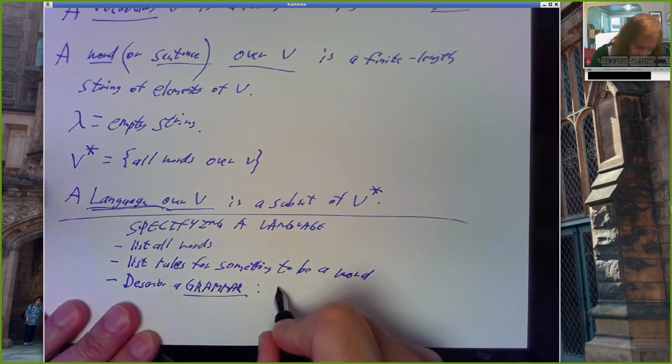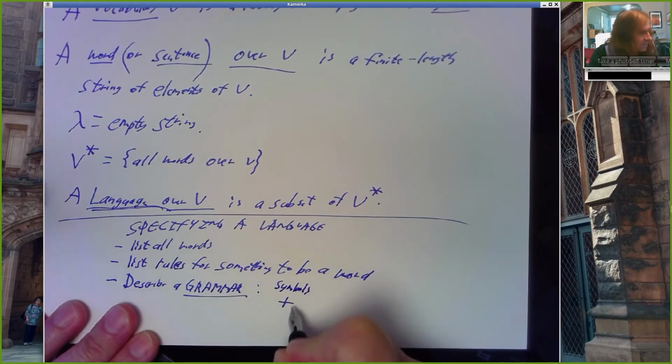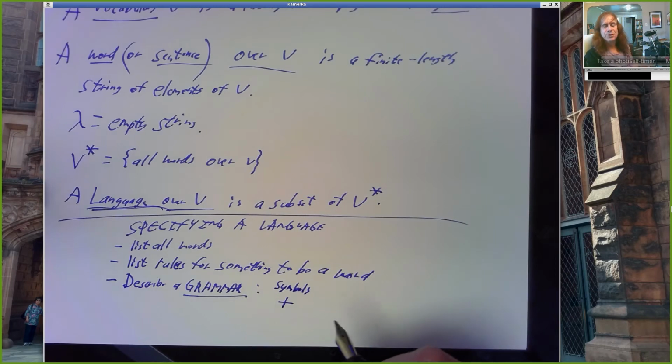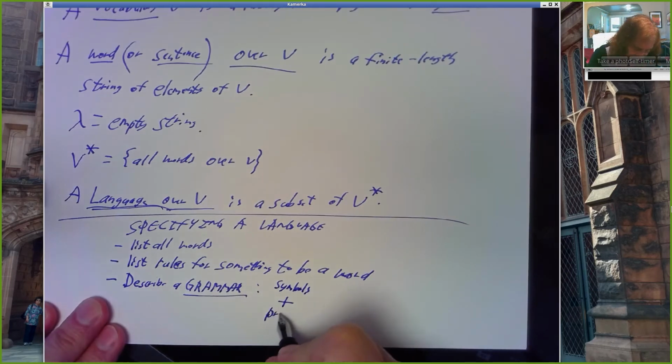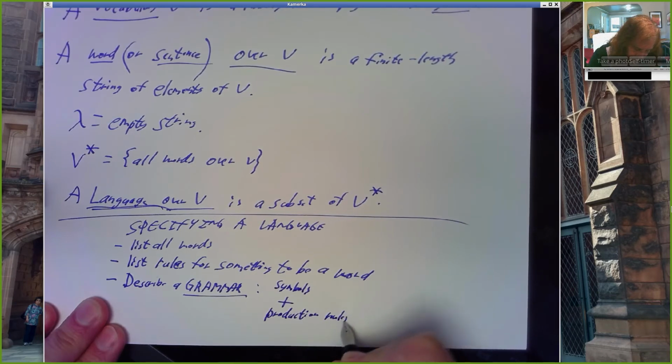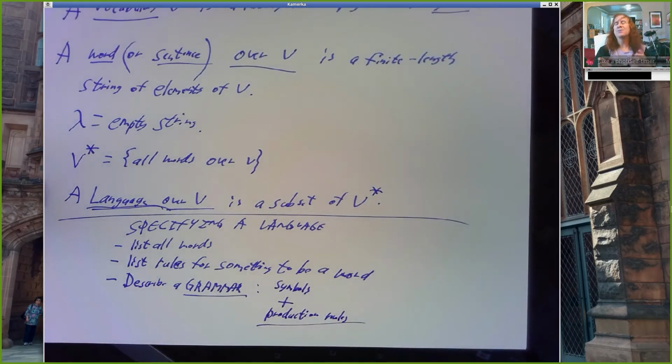It's a set of symbols, and it's a set of what we call production rules. So we're going to basically describe a set of rules from which we can create elements of this language. And this is what we're going to study. In particular, we're going to study something called phrase structure grammars.